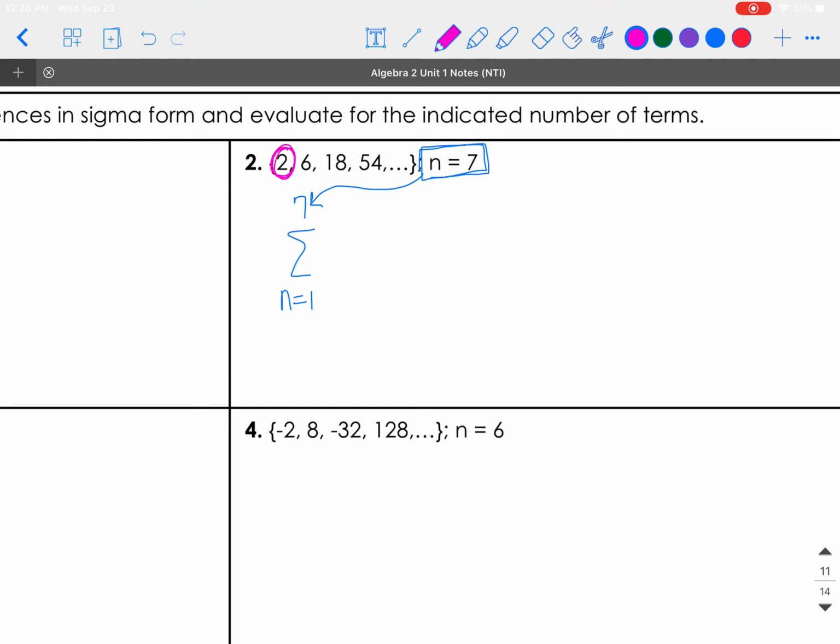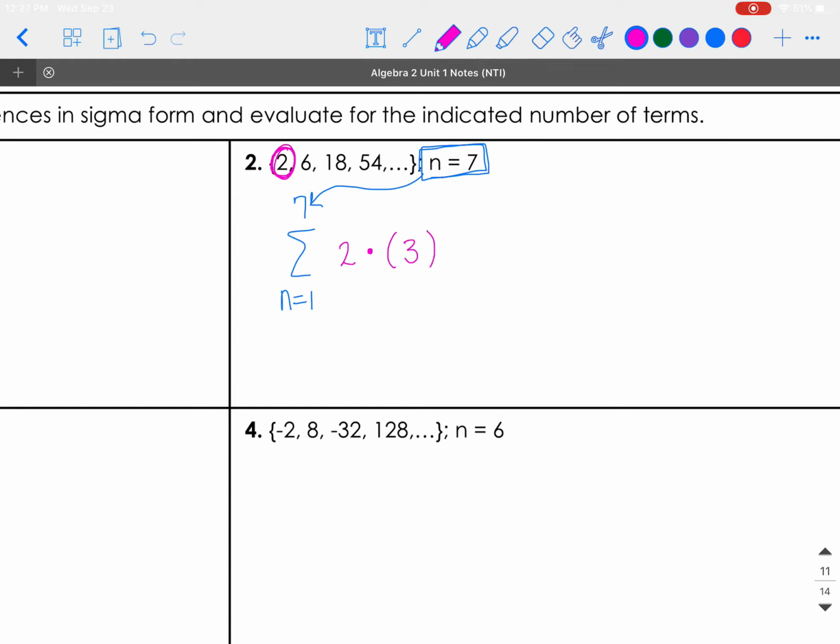A1, this is my A1, times the ratio. So what am I multiplying by? 2 times what gives me 6? It's 3. 2 times 3 is 6. 6 times 3 is 18.